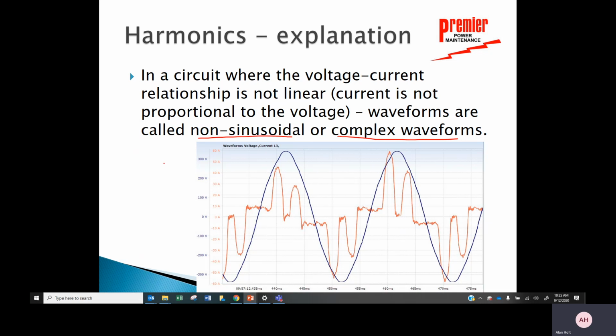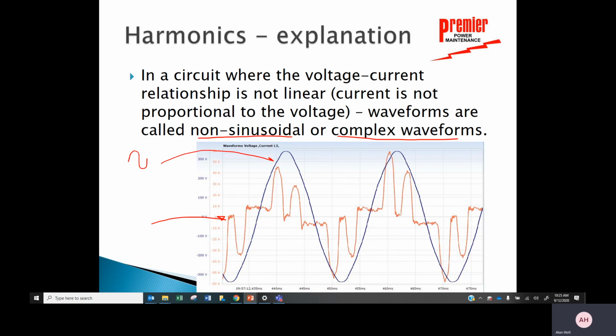This is what we wanted, or close to it, almost a perfect sinusoid. That's what I want in my world. But look what I've got. It doesn't even resemble what I would expect. It's not a linear relationship, and it's not a simple equation that I can write. That's a very complex waveform that I've got to deal with.